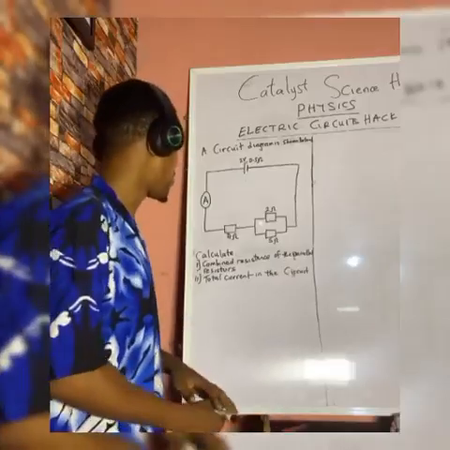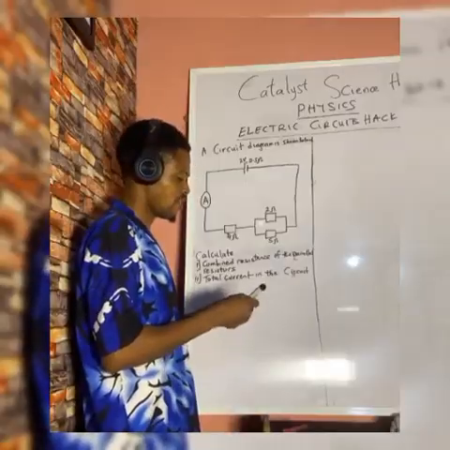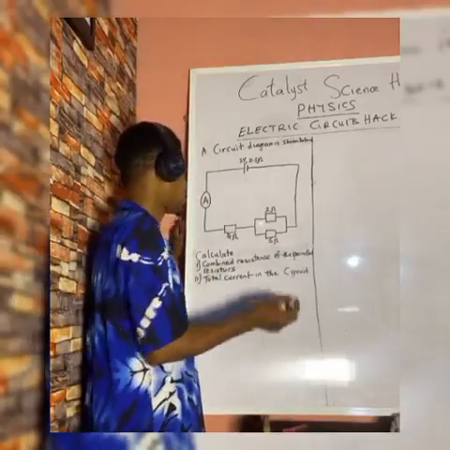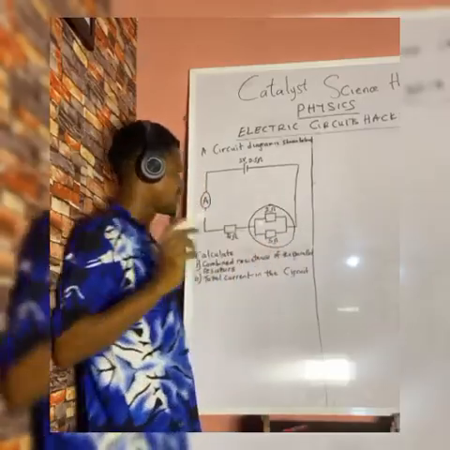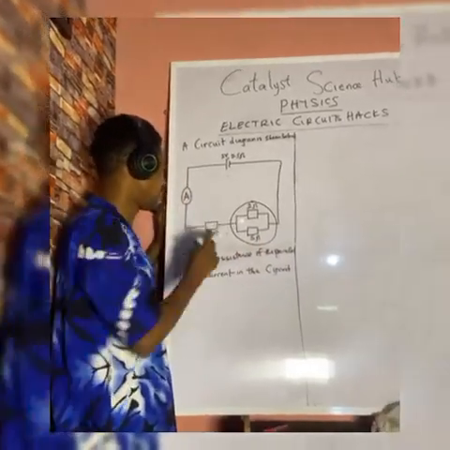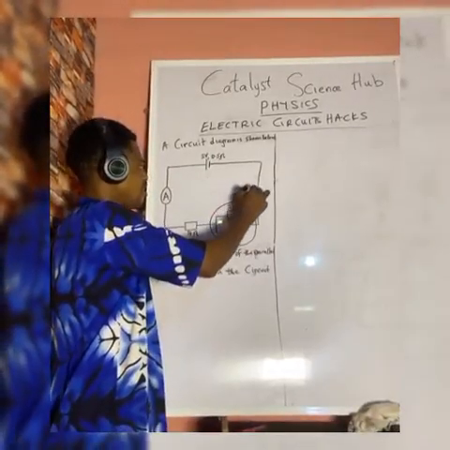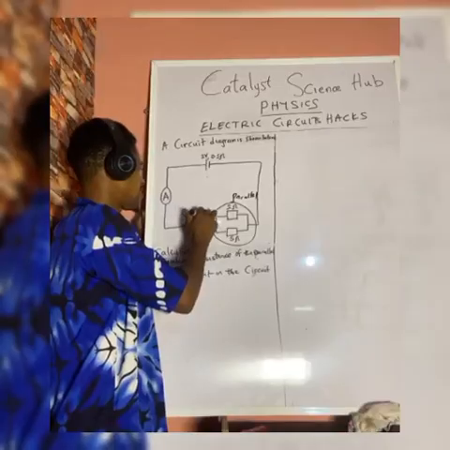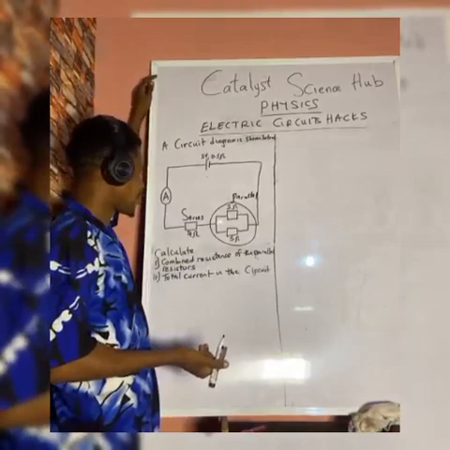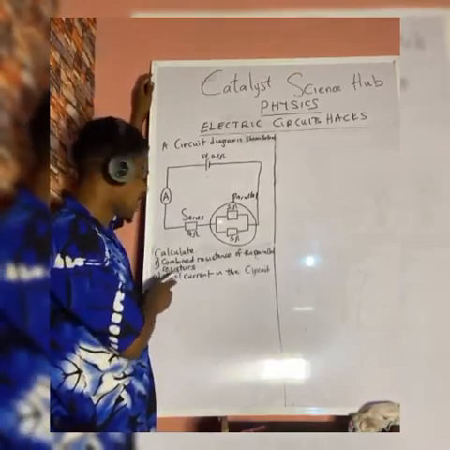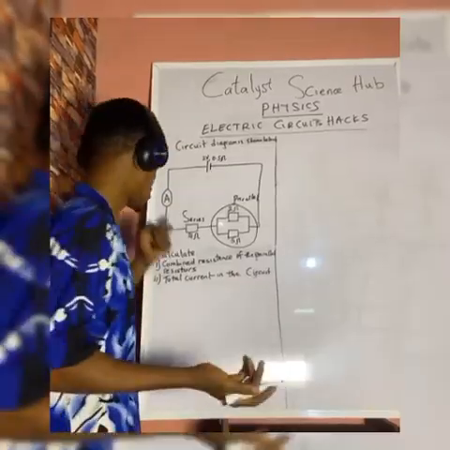These are the parallel resistors, and this is the series resistor. They ask us to calculate for the parallel, and they still ask for the total current.